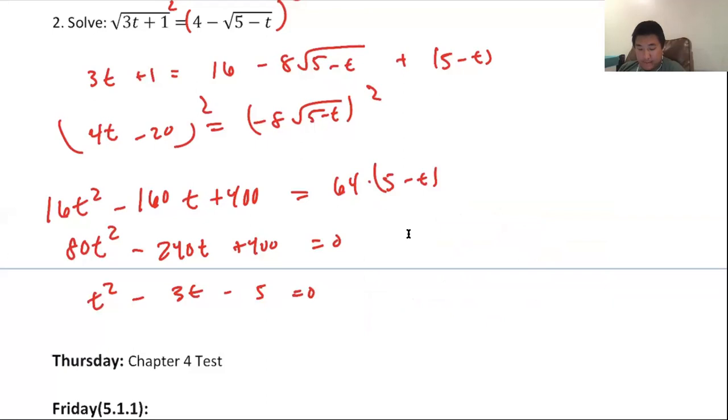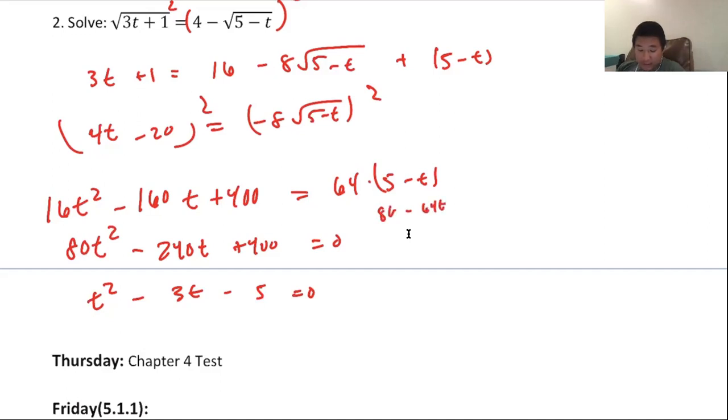21, negative 20, 4t squared, 64, negative 64 becomes positive 80, 64, 80, 4 times 20 times 2, 160. This is 80 minus 64t.